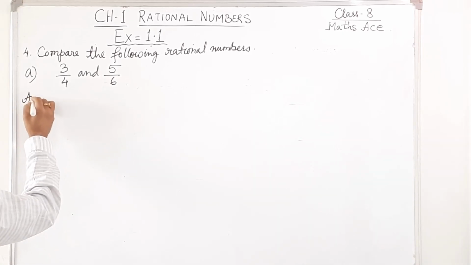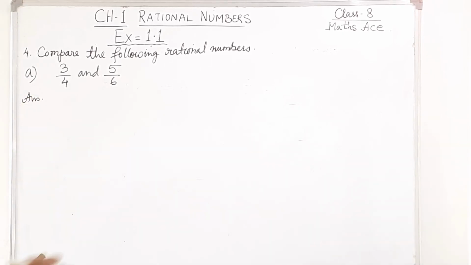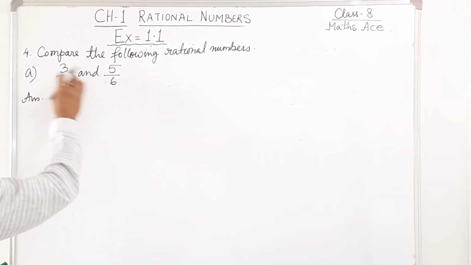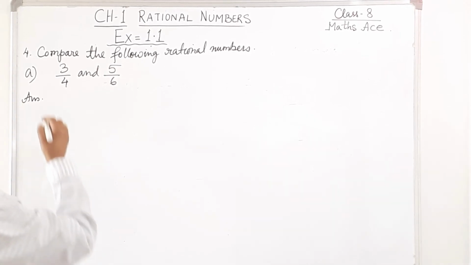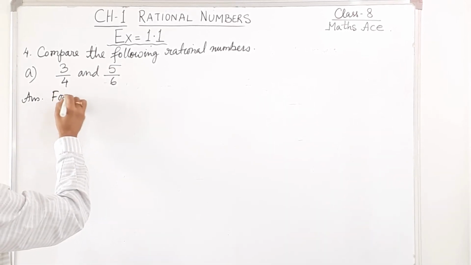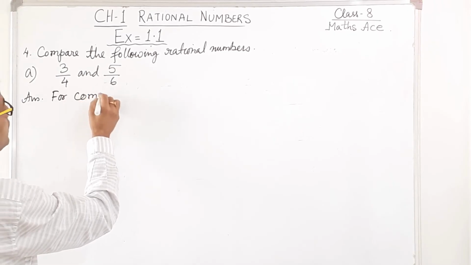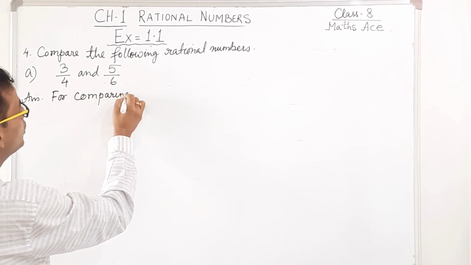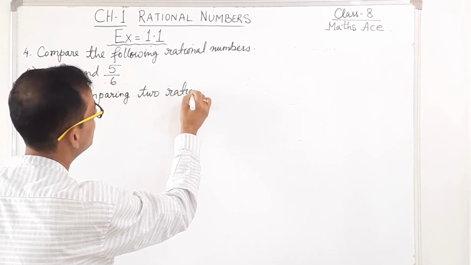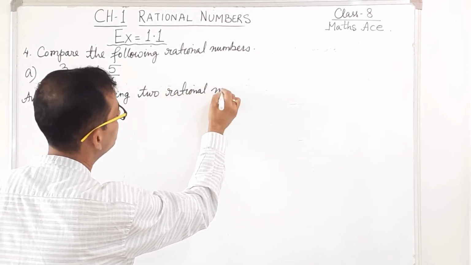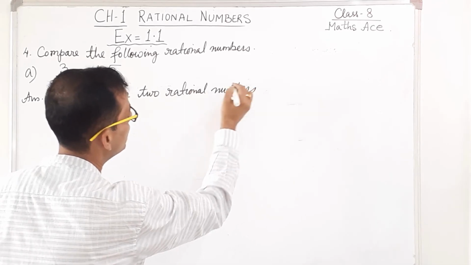We will write answer. Now one way is to make the denominators same, okay, but we will do in another way. Clear? No, because here denominators are different, numerators are also different. So we will follow one easy way for comparing two rational numbers.